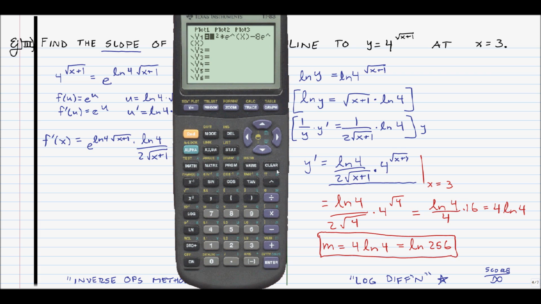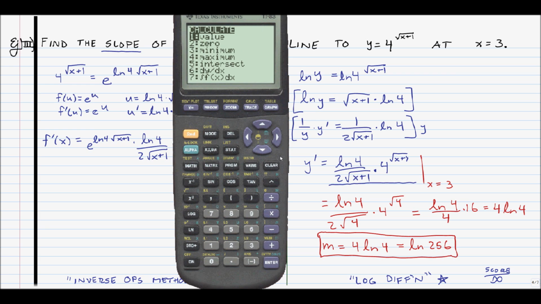Let's graph that function and see what the slope is. 4 to the power, square root of x plus 1. So we're going to graph this puppy. That's not going to work because I picked a bad window. Let's go zoom standard. So it looks pretty steep there. Pretty steep. Let's look at second calc.